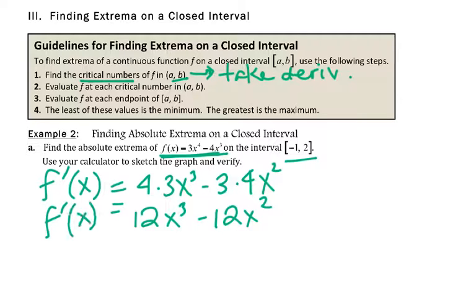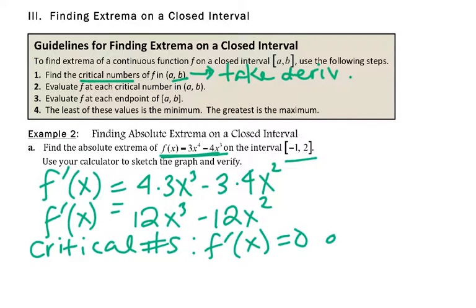Okay, in order to find the critical numbers, I need f prime of x to equal 0 or be undefined. Looking at this derivative here, there isn't any value that's going to make 12x to the third minus 12x squared undefined. So I'm going to have to focus on f prime of x being 0.